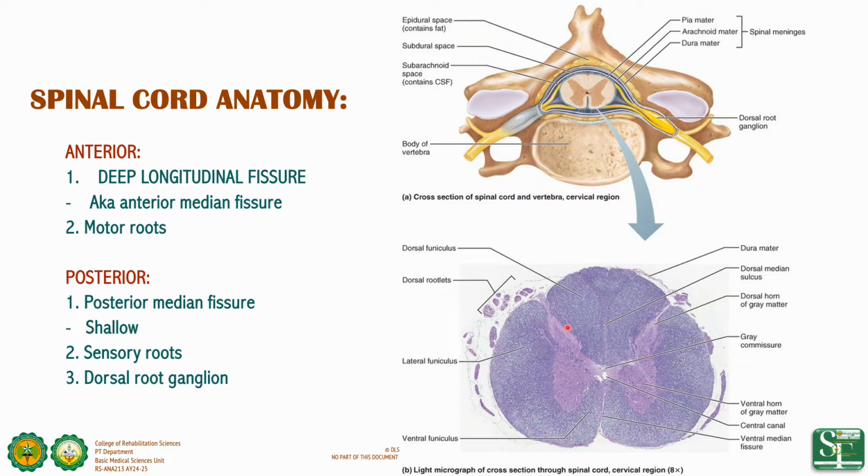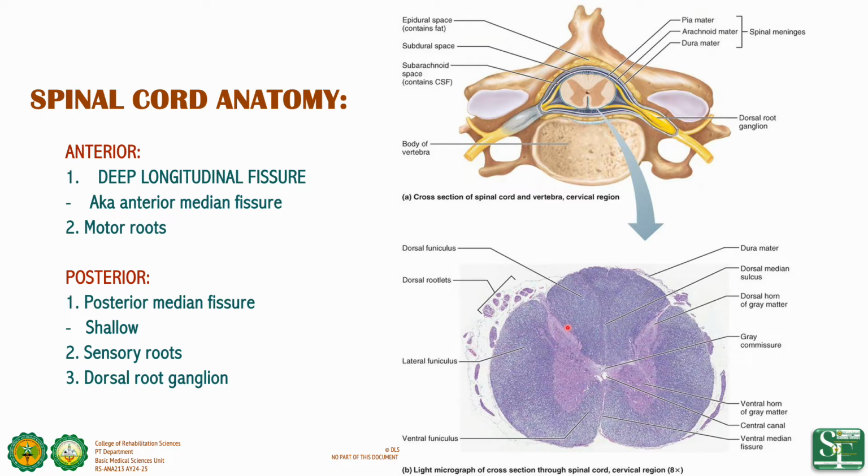So, kung meron tayo sa anterior ng deep longitudinal fissure, also known as anterior median fissure, we have in the posterior median fissure, which is more shallow compared to the deep longitudinal fissure. Aside from that, we also have sensory roots. No? So again, sabi ko kanina, following the law of Bell and Magendie, posteriorly, these are sensory in function.